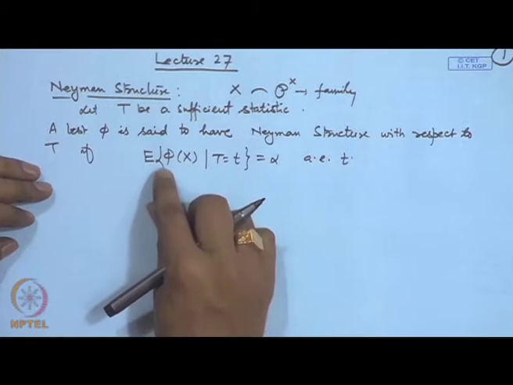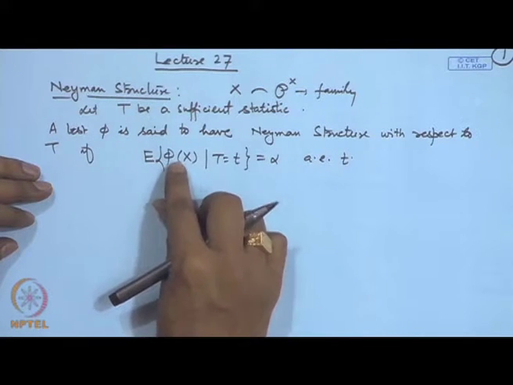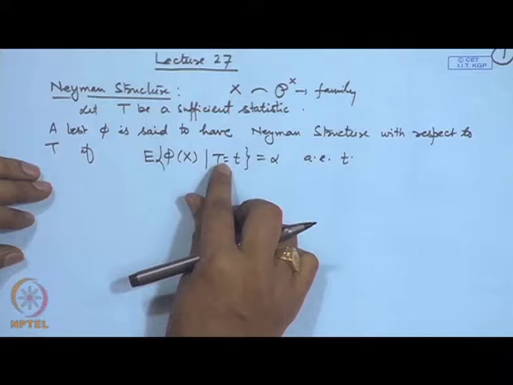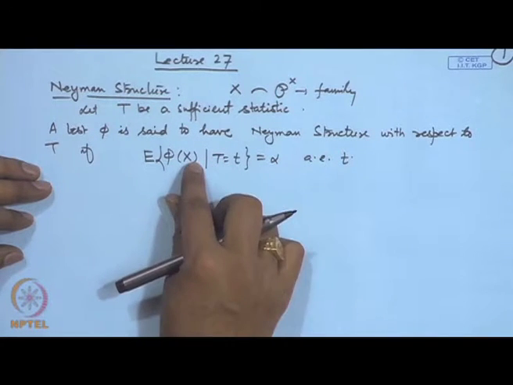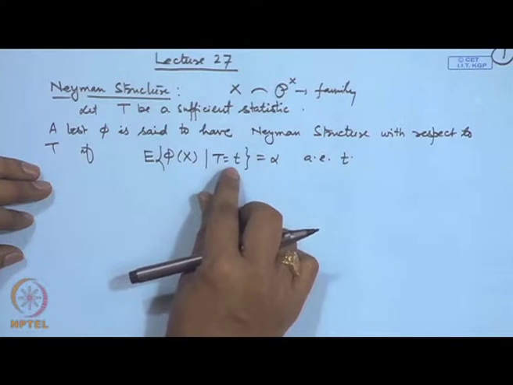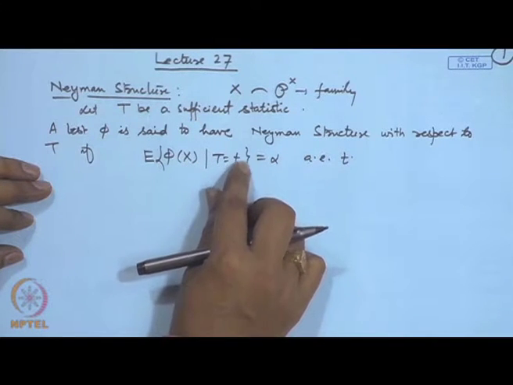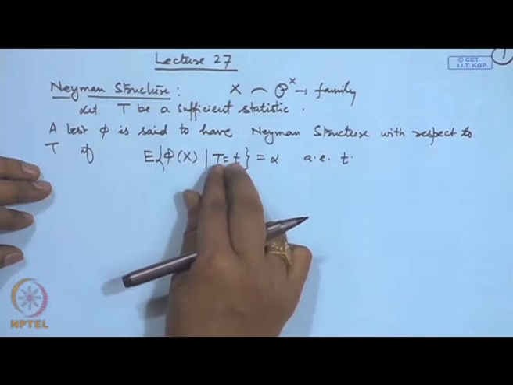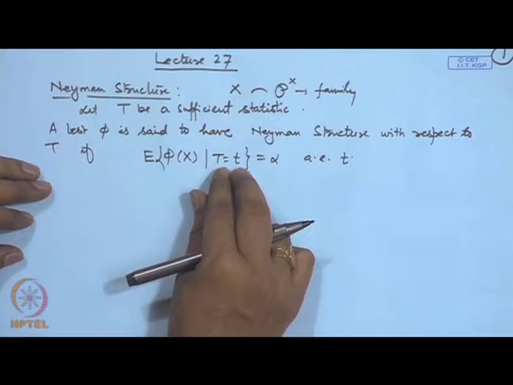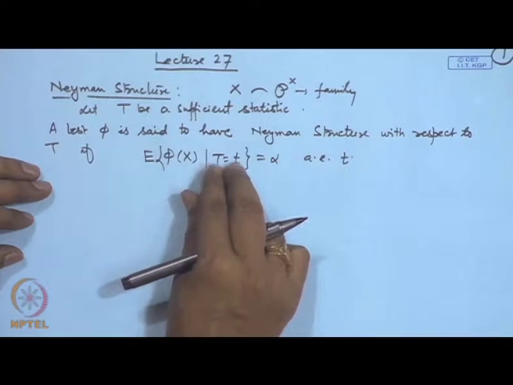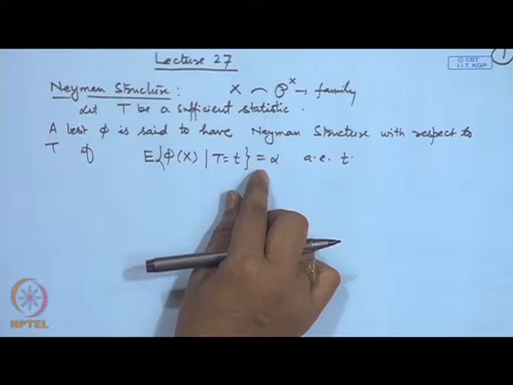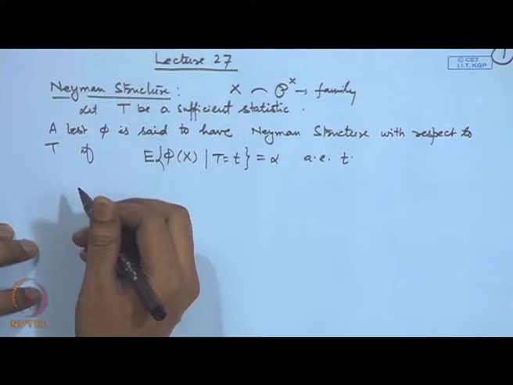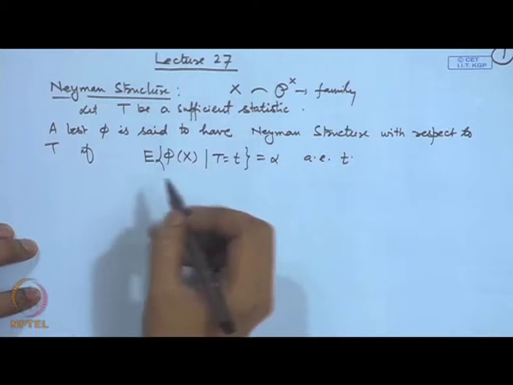Now, if we consider the expectation of phi(X) given T, where T is a sufficient statistic, this term will be independent of theta. What does it mean? On every value of T equal to t, which we can call orbits of T, on every orbit the test will have power equal to alpha. So, this is a much stronger condition.